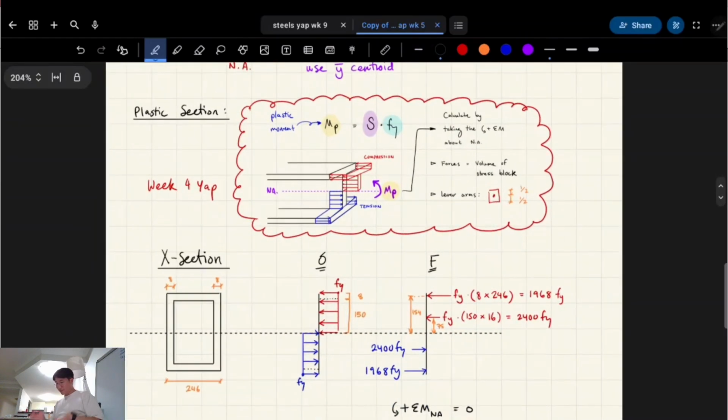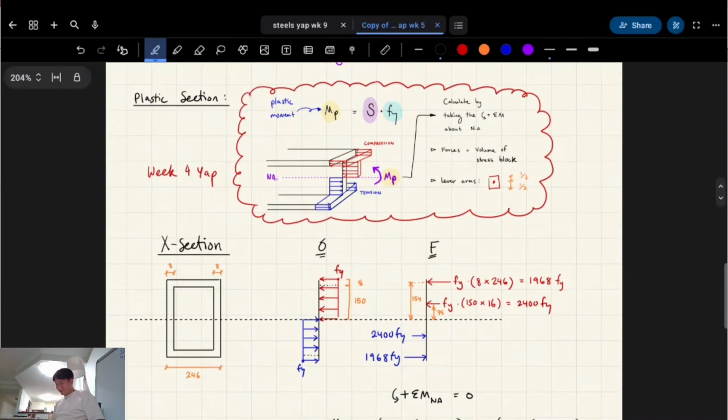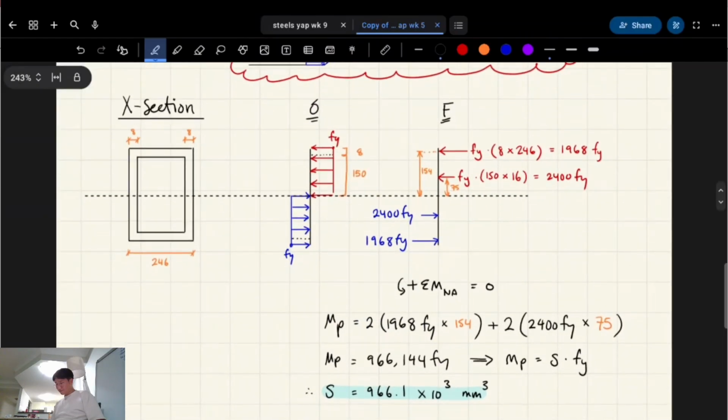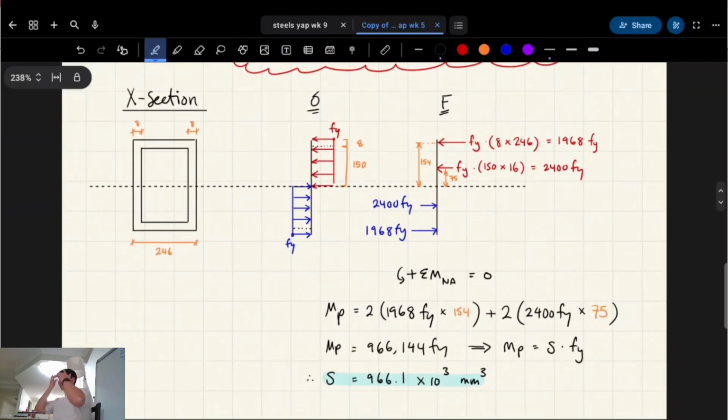But the plastic section modulus one is a little bit harder because we have to take the moment couple. So here it is. It's going to take longer to understand this fully than the time I'm going to spend covering it now. It's good to just look at this diagram for long enough and then you'll get it.